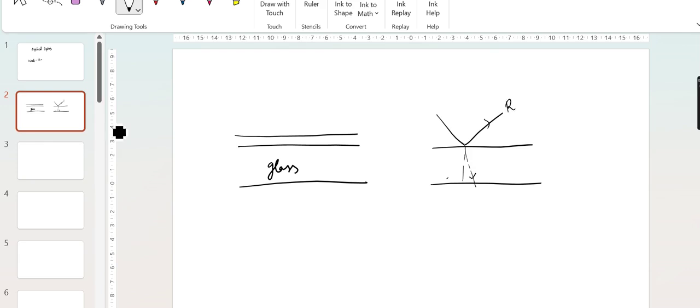This reflection part is a waste, as the intensity of the light is reduced due to the reflection. But if we consider the reflection from the coating surface and the reflection from the glass surface, these two can cancel.